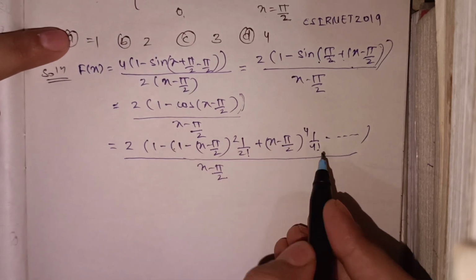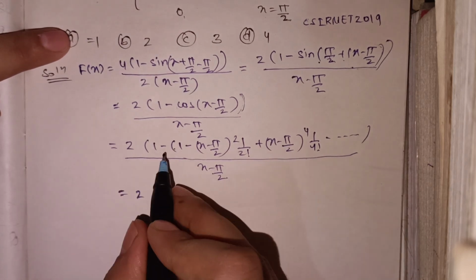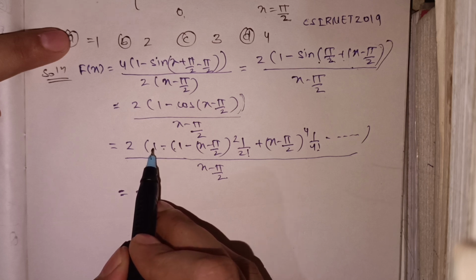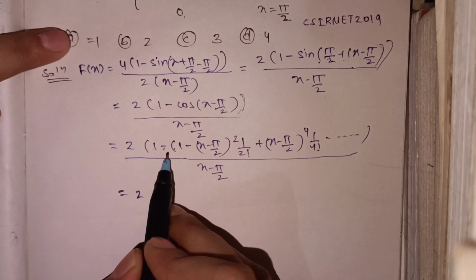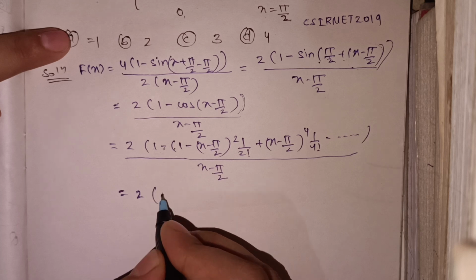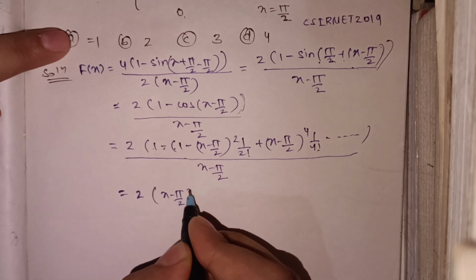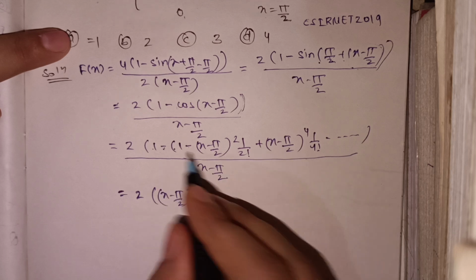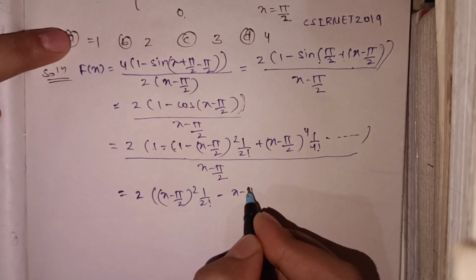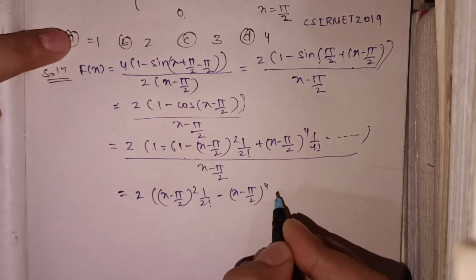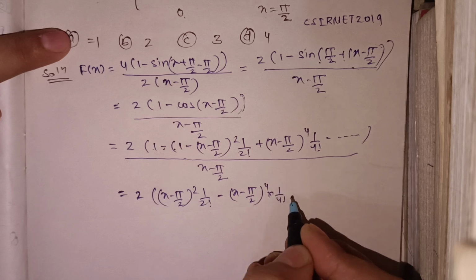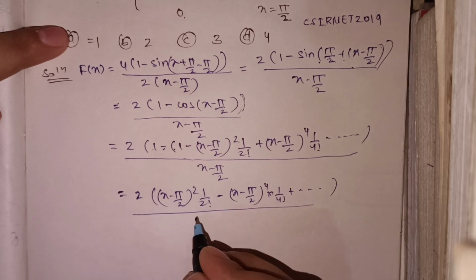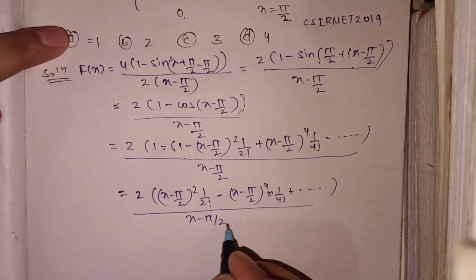Open this bracket: this minus 1 and plus 1 cancel each other, and minus and minus become plus. So we get 2 times [(x minus pi by 2) to the power 2 upon 2 factorial minus (x minus pi by 2) to the power 4 upon 4 factorial plus and so on] upon x minus pi by 2.